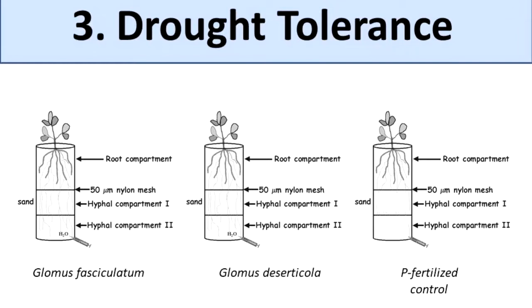And he inoculated one with Glomus fasciculatum, another with Glomus deserticola, and to make sure that any growth differences weren't attributable to less P, because even in sand, mycorrhizal fungi are so good at scavenging phosphorus that it might make a difference in the plant growth, he gave the control fertilizer that contained phosphorus, just to compensate for the nutrient uptake abilities of the AMF.